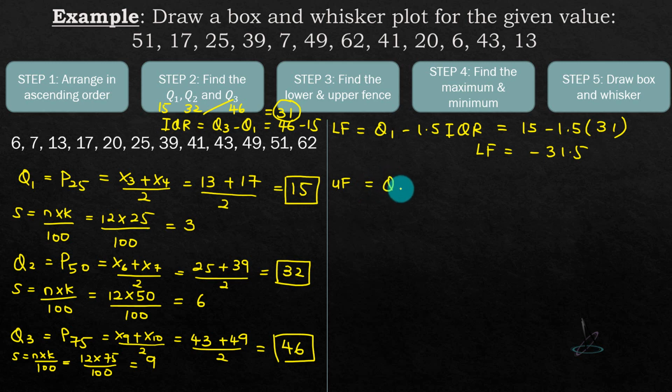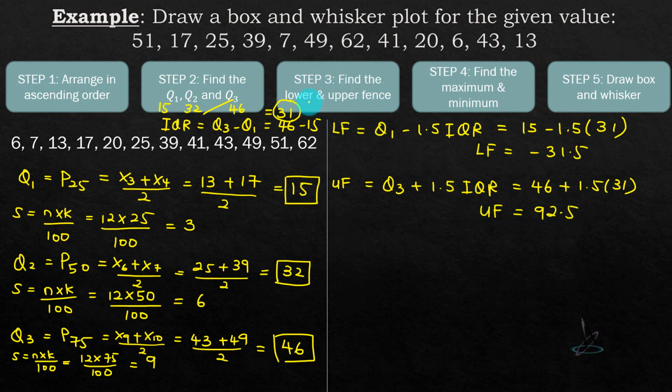The upper fence is the third quartile plus 1.5 times the interquartile range. So the third quartile is 46 plus 1.5 multiplied with 31. By using our calculator, we see that our upper fence is equal to 92.5.